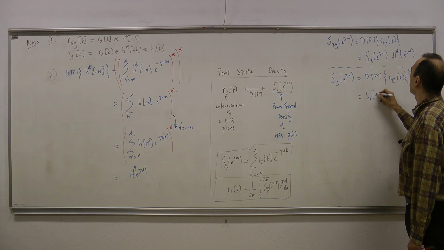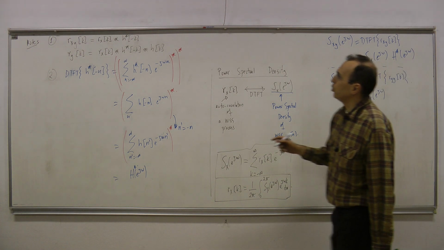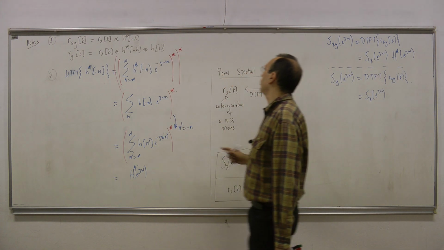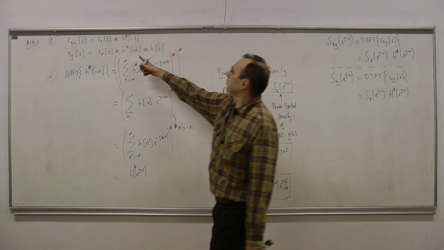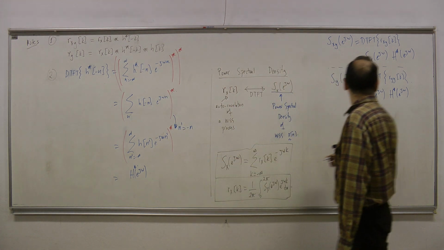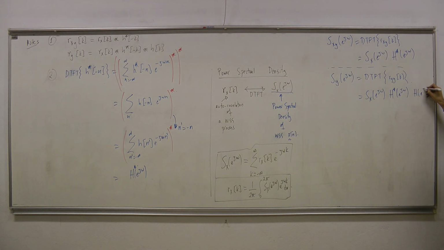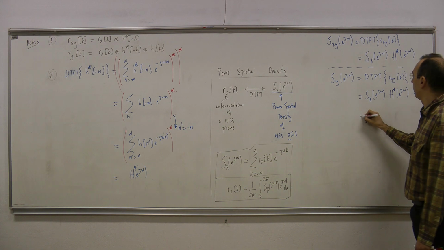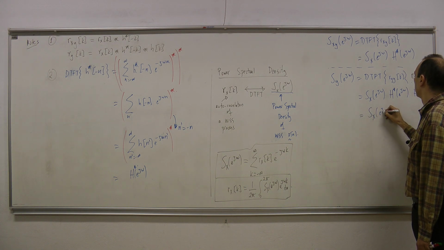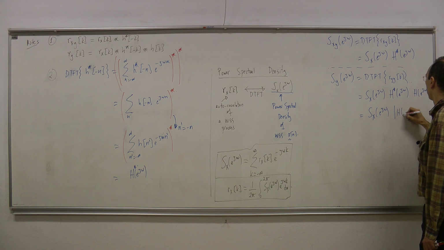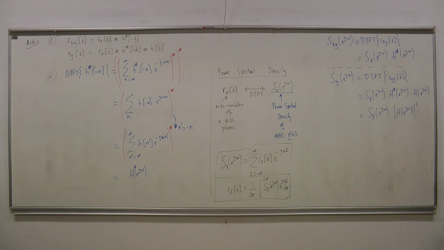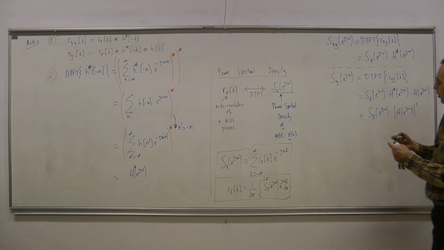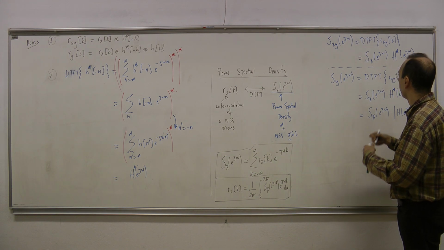So this is Sx e to the j omega times H conjugate e to the j omega, times H e to the j omega. So it's very interesting because I'm getting very compact results, as you see.